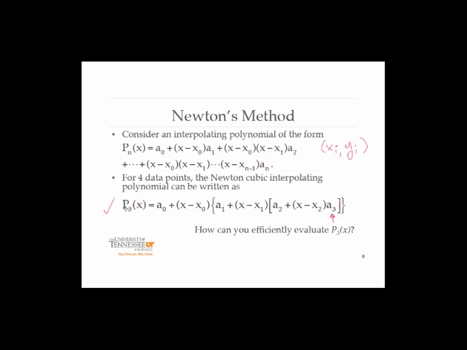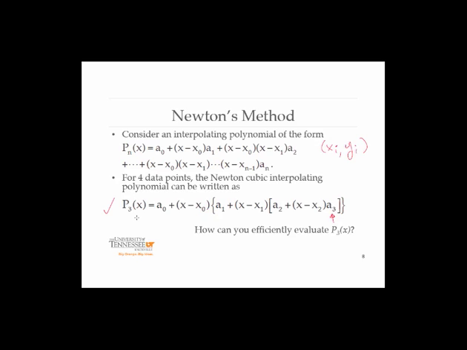So if you wanted p3 of the value 2, you would put 2 here and then subtract the third x coordinate. You'll end up making a subtraction, then a multiply, and then you'll add a value, and then another subtraction, multiplication, and add. So it's an interesting sequence of operations to unravel the original evaluation of p3 of x.